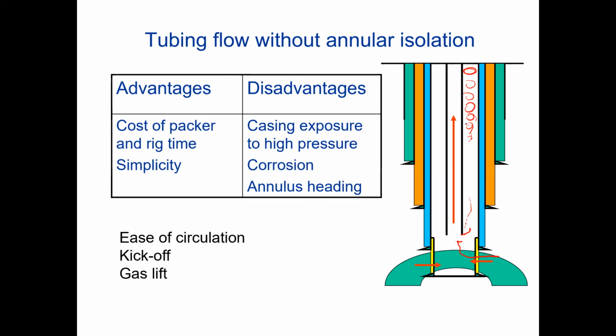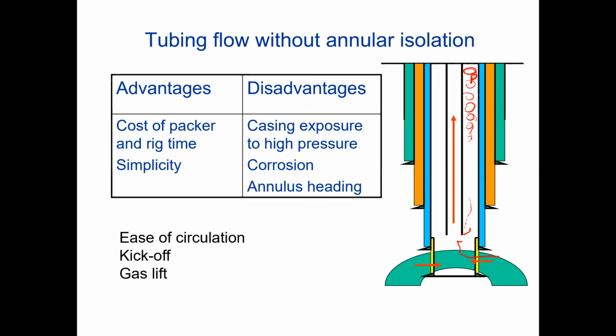Now, the first problem is that because gas density is lower, the pressure here will be high. So high pressure in the annulus. That's one problem.